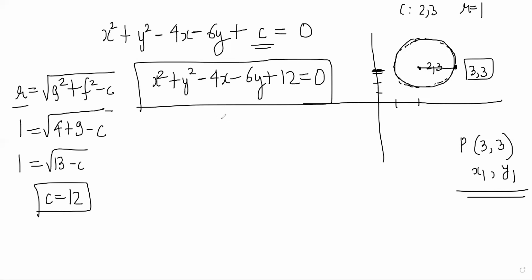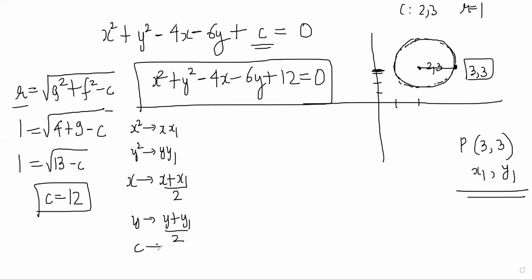Now, I will first get the tangent by the method that I have just told you. And then we will check whether it makes sense or not. So the method that we have just seen is replace x square with x1, y square with y1, x with x plus x1 by 2, y with y plus y1 by 2, and c is constant.